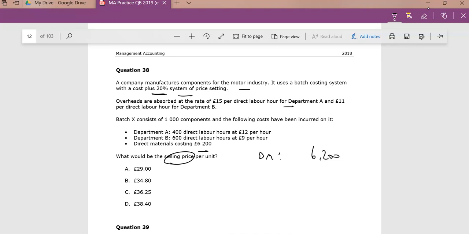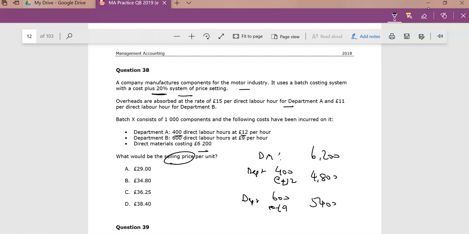Then from Department A, you have 400 hours at £12, which takes you to 4,800 in terms of direct labor. And Department B, you have 600 hours at £9, which takes you to 5,400.